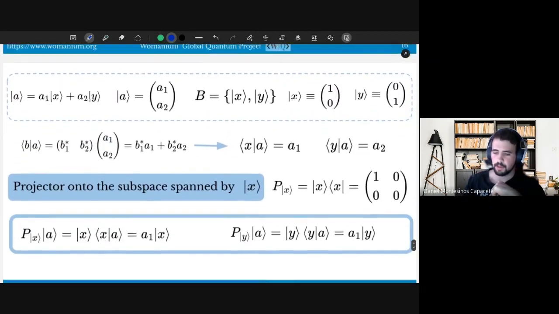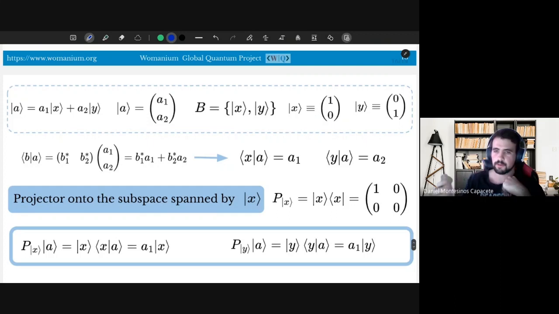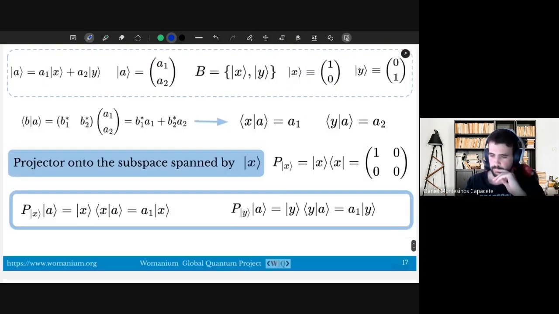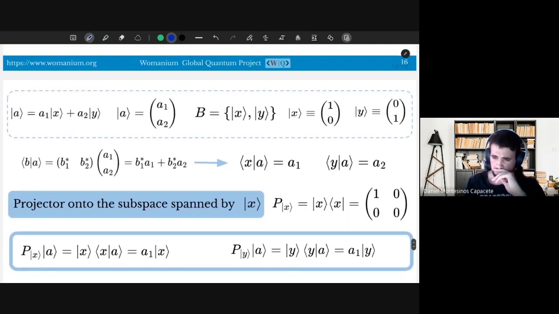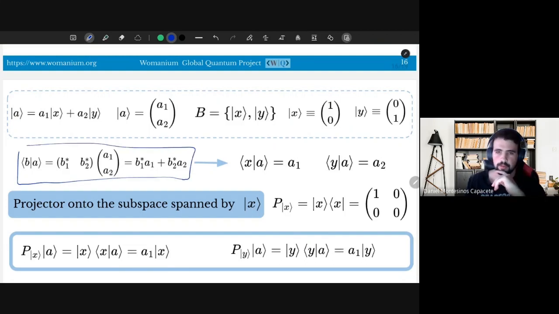I can do that with the bracket notation and our quantum system. This is just a reminder of things we have already said. With a general linear combination, you can write the vector in this way. You have your basis of the Hilbert space, and you have your scalar product that we have also defined previously.